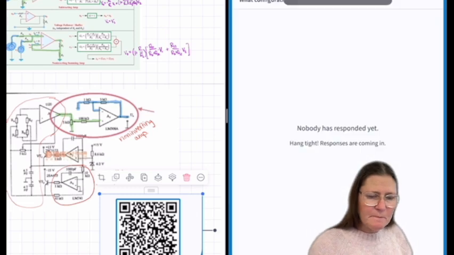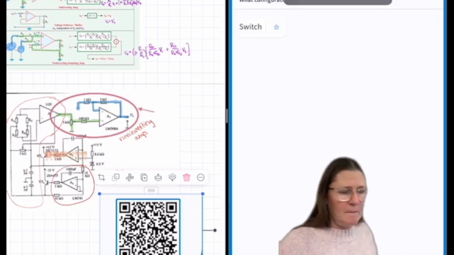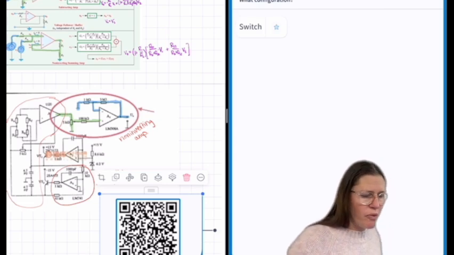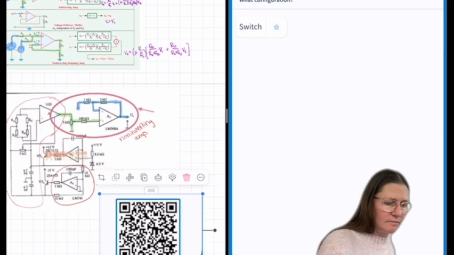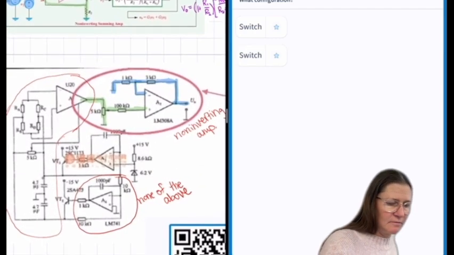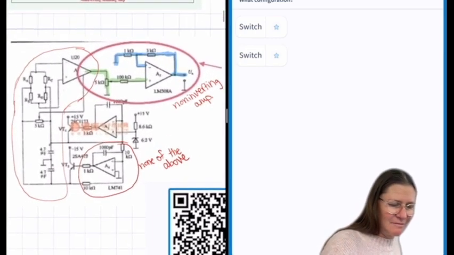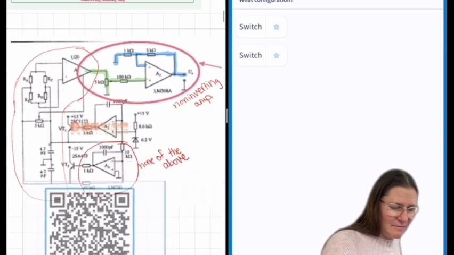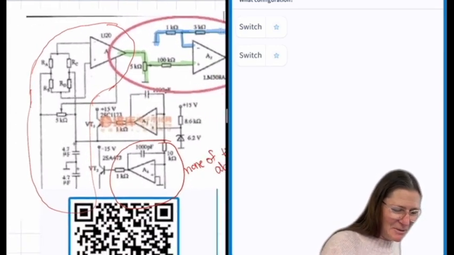Great. Make that a little bit bigger so you can see them.